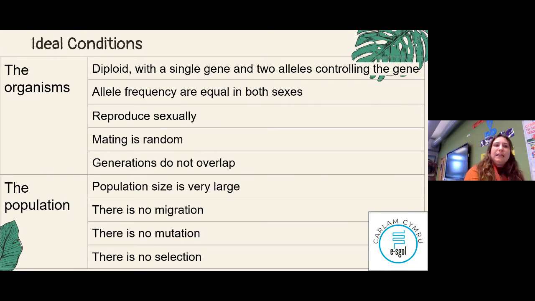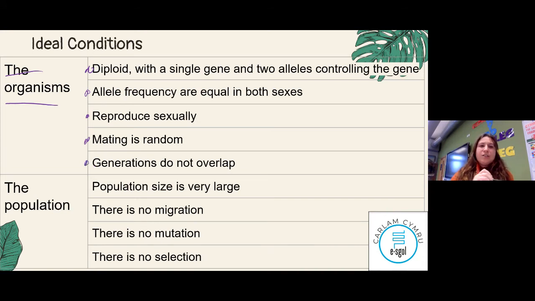So first of all, we need the organisms to be diploid with a single gene and two alleles controlling the gene. So we're just talking about a specific gene here, but it's a single gene that controls it. Nothing with multiple genes. We're not going to be looking at human height. We need the allele frequency to be equal in both sexes, in male and female. Reproduce sexually, okay? We need mating to be random, which of course would happen within the natural environment.